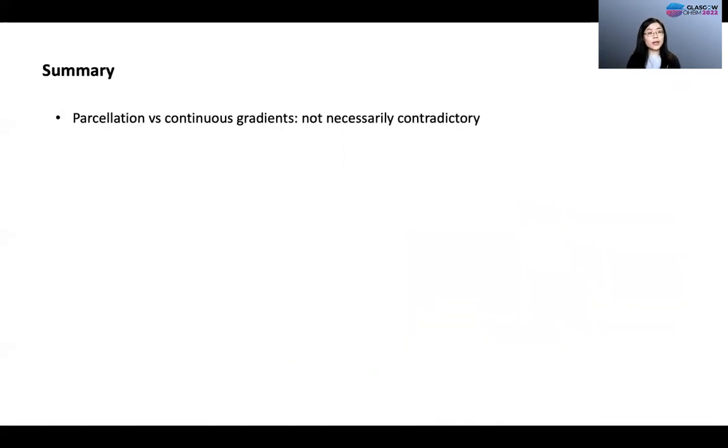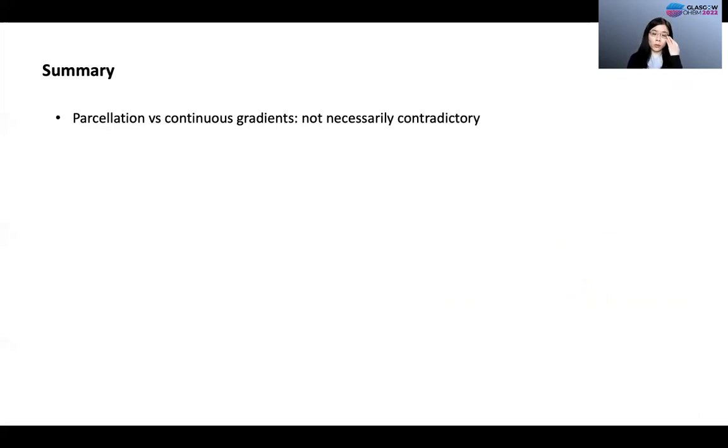So as a summary, the thing I want to express through this workshop is that there are 2 complementary topographic models of brain organization, parcellation and continuous gradients, but they are not necessarily contradictory.